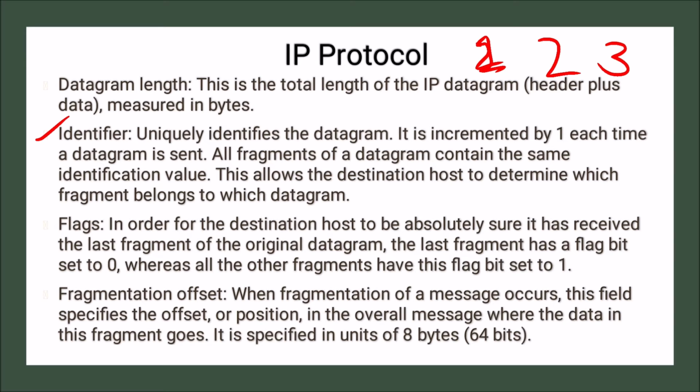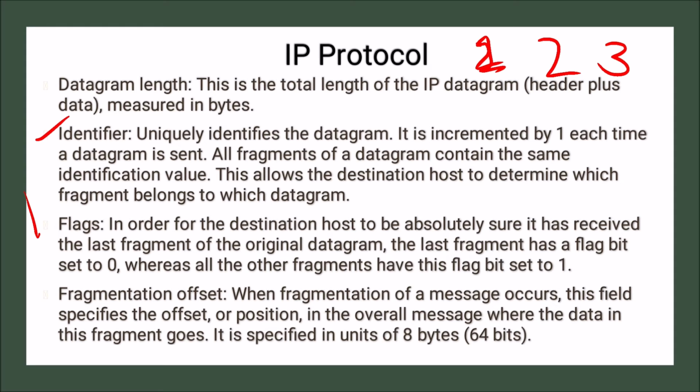The next field is flag. In order for the destination host to be absolutely sure it has received the last fragment of the original datagram, the last fragment has a flag bit set to 0, whereas all the other fragments have this flag bit set to 1.